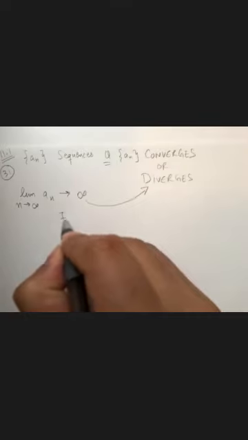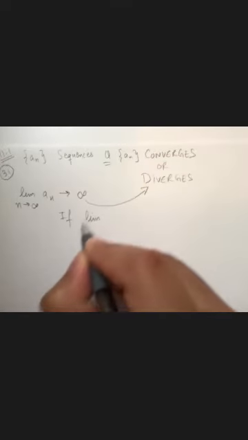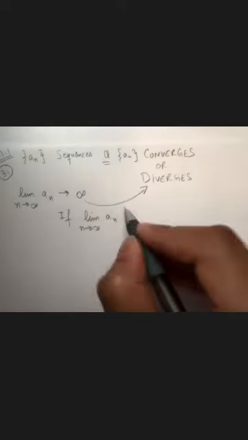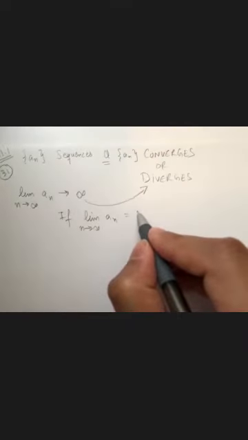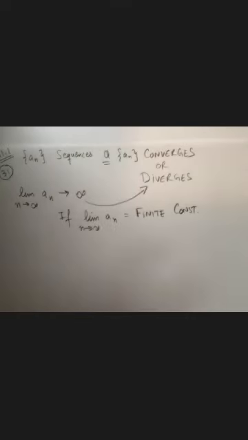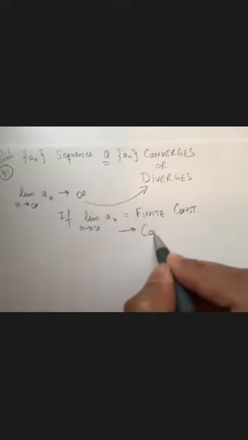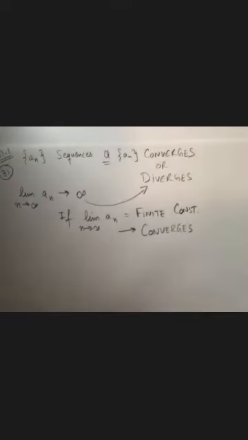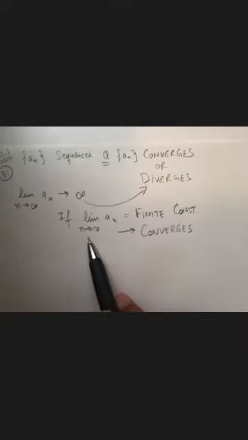Or if it is some finite constant, then it converges. So this section is then computing this limit as n goes to infinity.